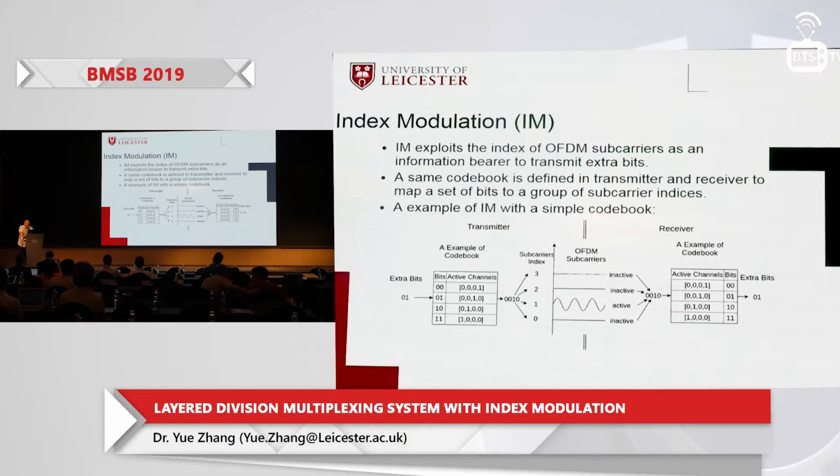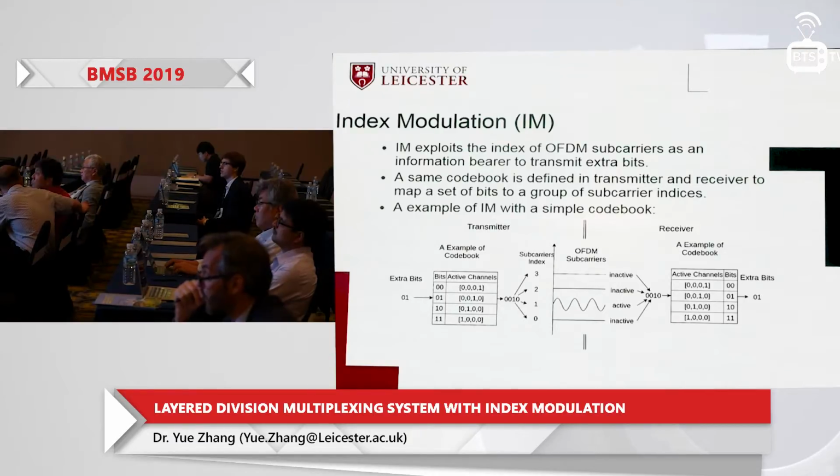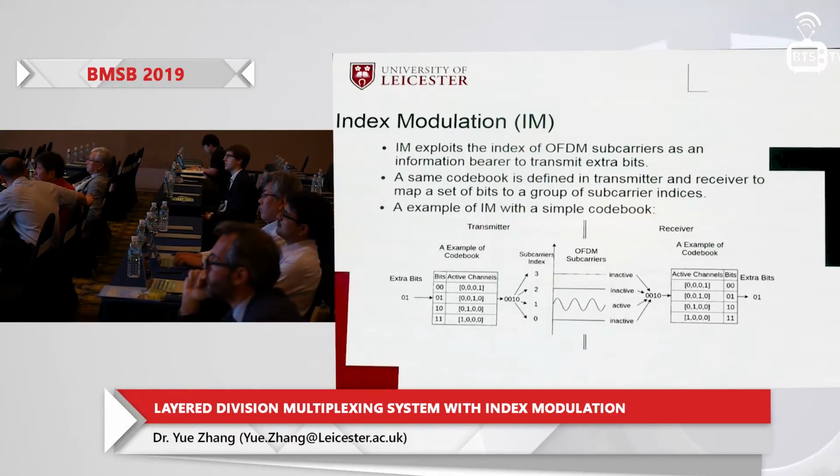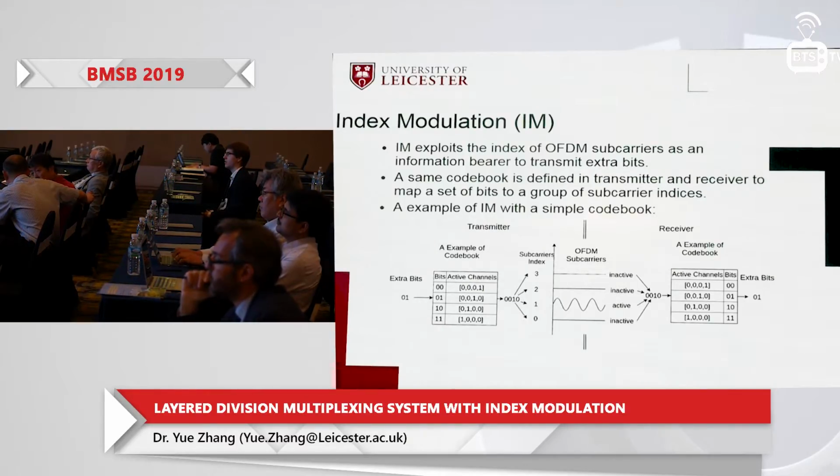Another popular modulation we use is called index modulation. This is also a popular modulation scheme currently used, especially for 5G systems and beyond. Index modulation explores the index of the OFDM subcarriers as an information carrier to transmit extra bits.